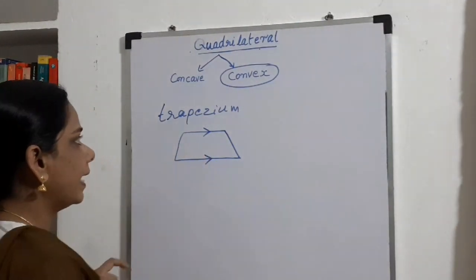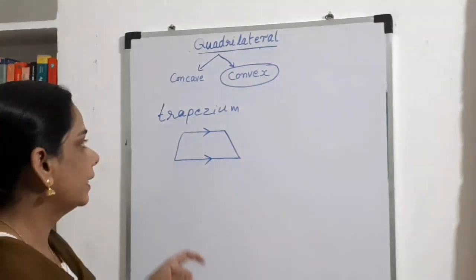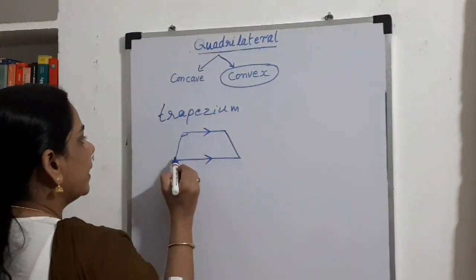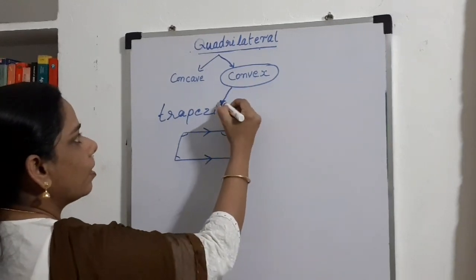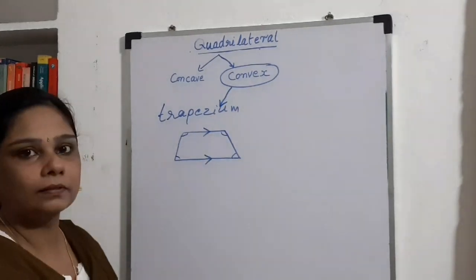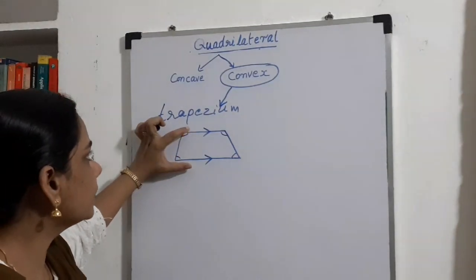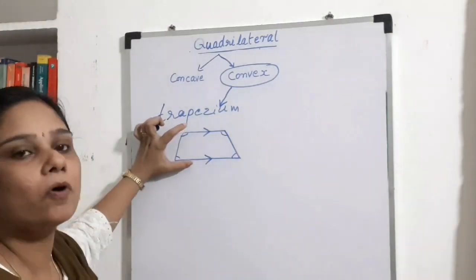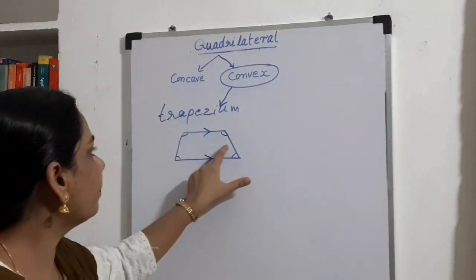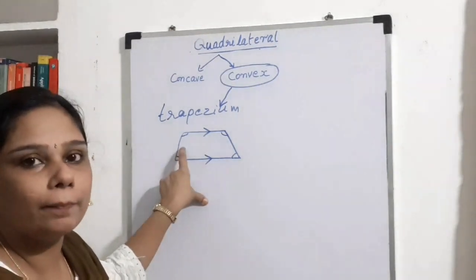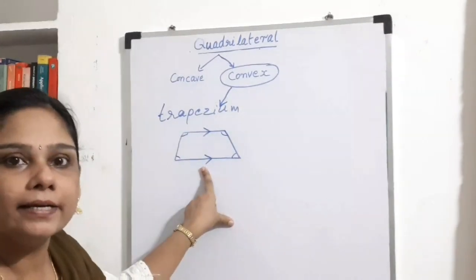Such a quadrilateral is known as a trapezium. Here all the angles are less than 180 degrees, so this one is a convex quadrilateral, and in a trapezium one pair of opposite sides will be parallel and the other pair will remain non-parallel.